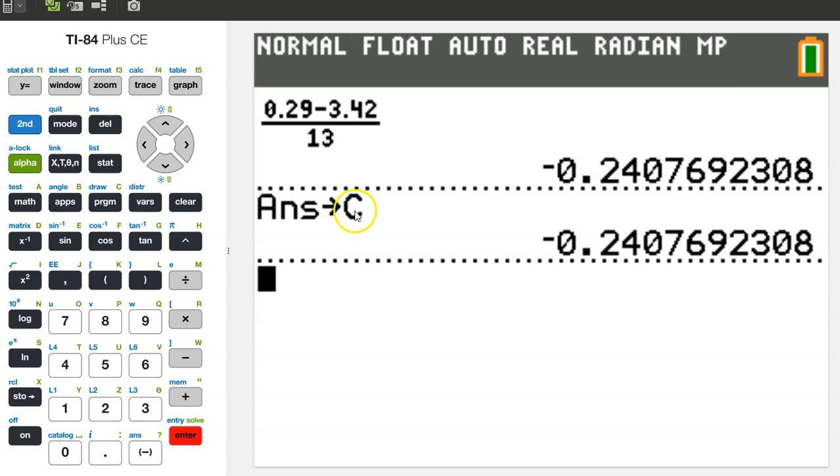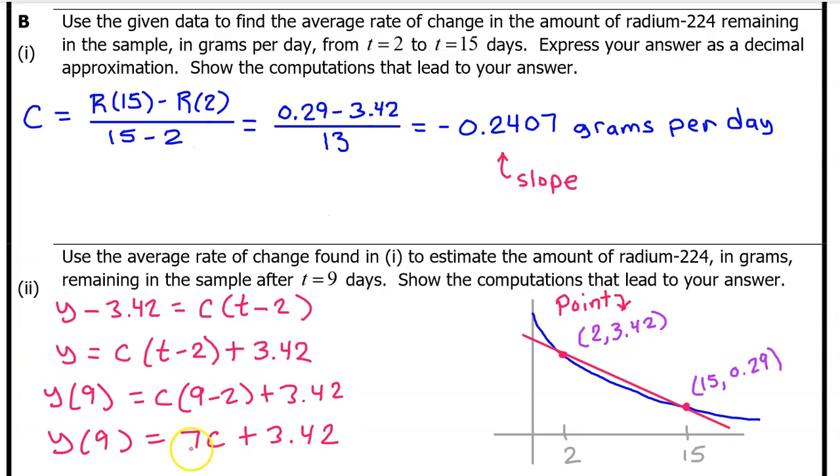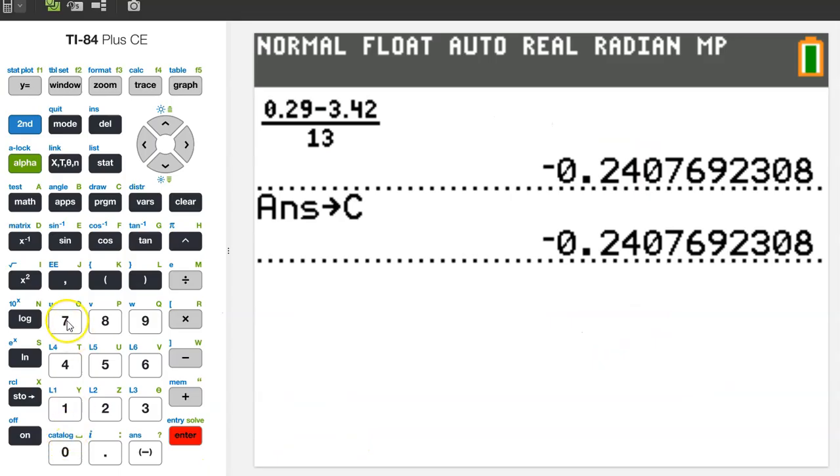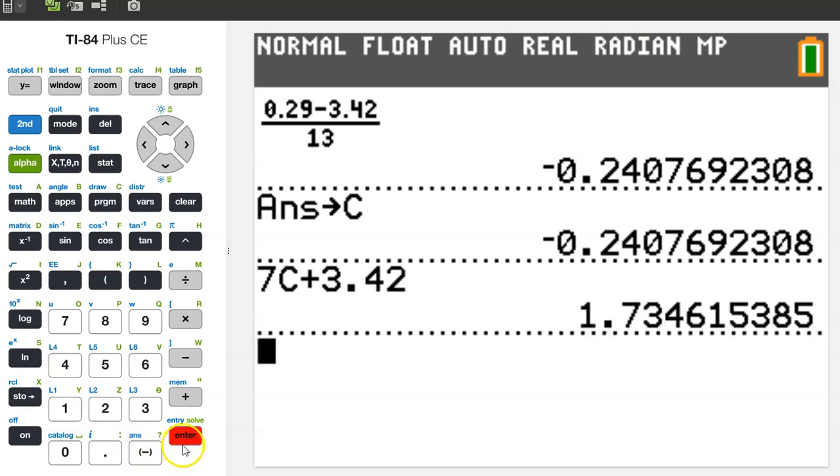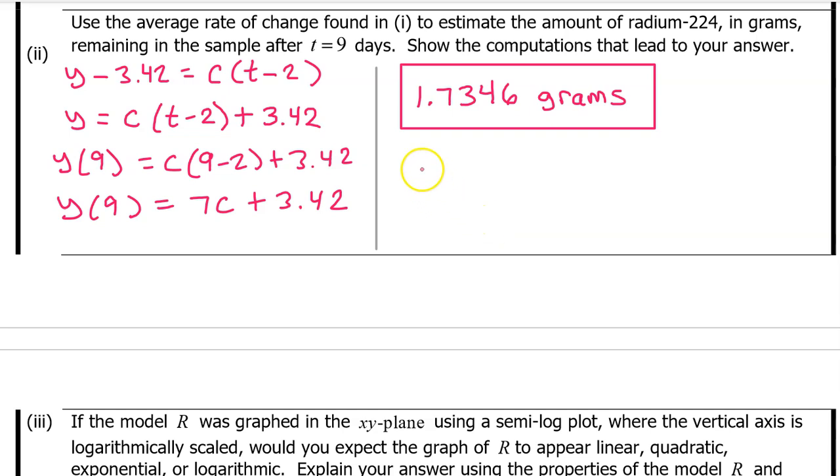Now we can use the letter C as we type in this expression, 7c plus 3.42. So 7 and then alpha C plus 3.42. And this is the approximate amount of radium-224 at t equals 9 days, 1.7346. That's it for B Part 2.